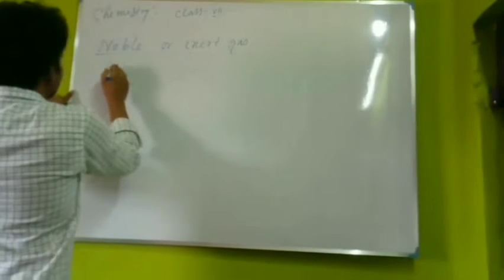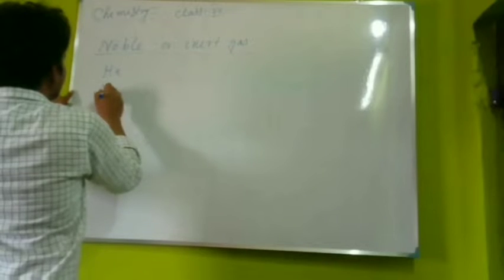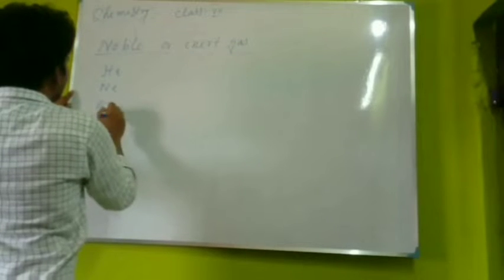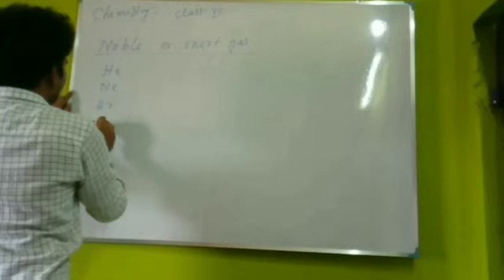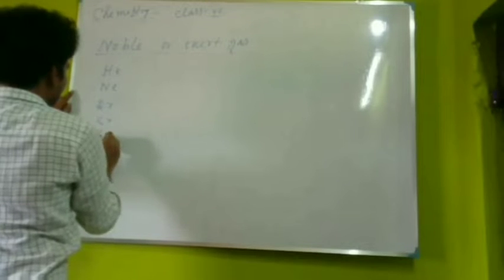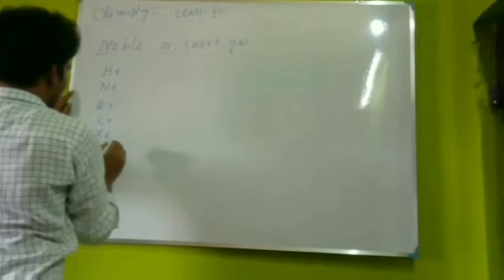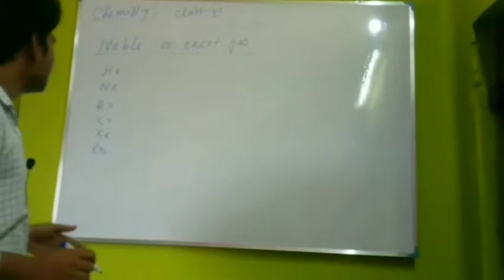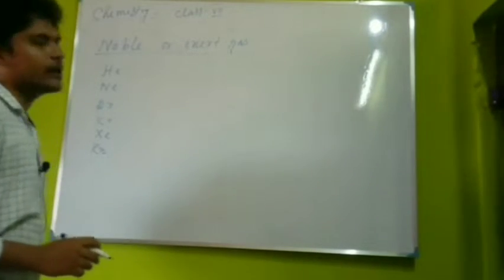What are these? Helium, neon, argon, krypton, xenon, and radon. All of these are noble or inert gases.